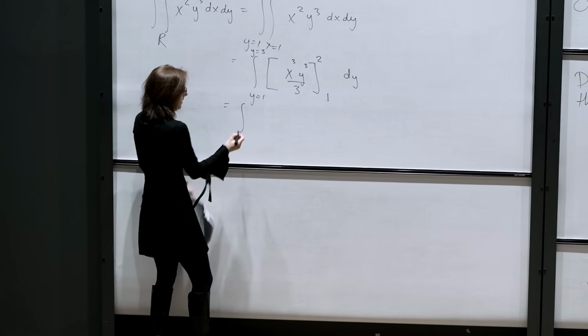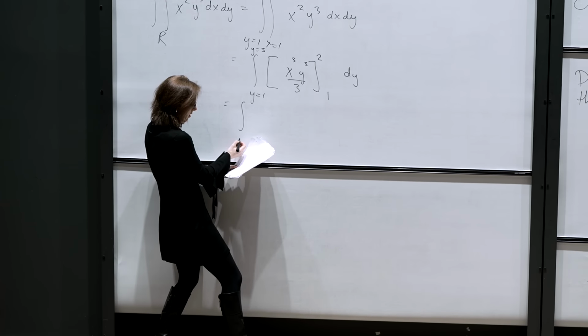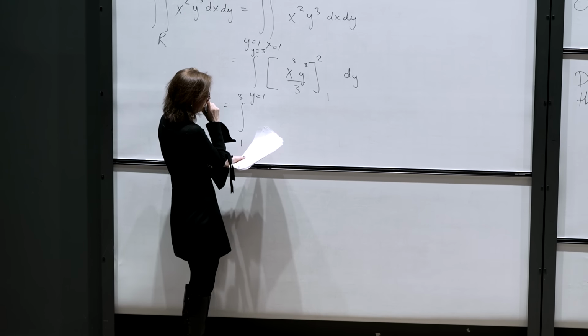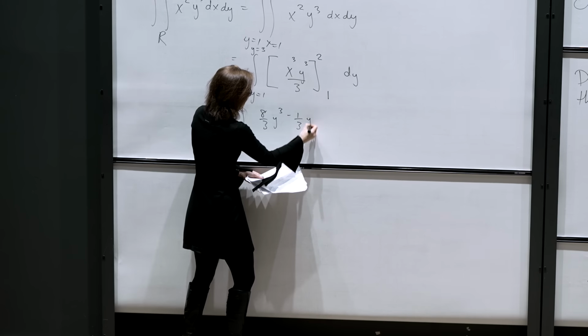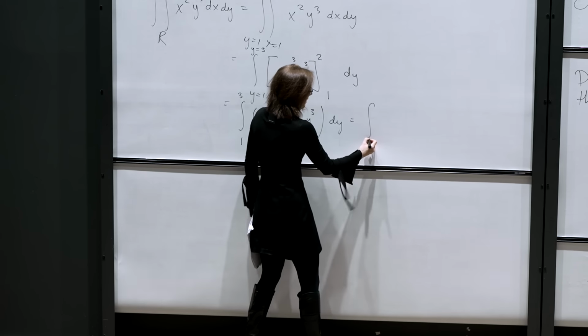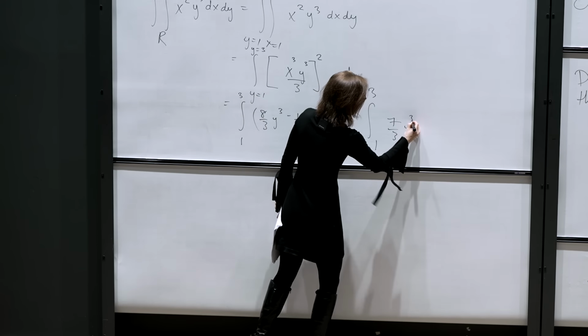Which, if I don't mess up my algebra, is the integral from 1 to 3 of 8/3 y cubed minus 1/3 y cubed dy, which is the integral from 1 to 3 of 7/3 y cubed dy.